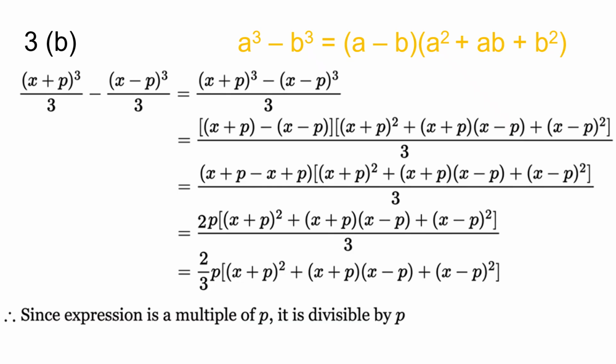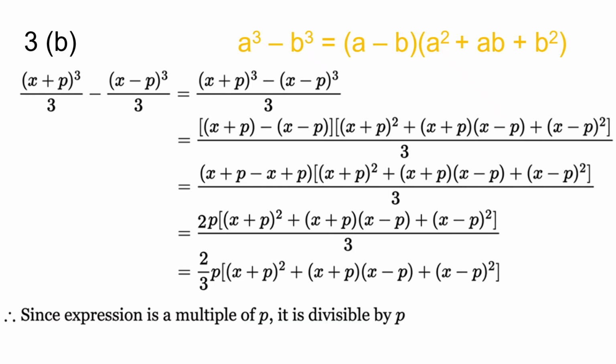This gives us 1/3 times (x plus p) cubed minus (x minus p) cubed. Now, let a equal x plus p and b equal x minus p, and apply your difference of cubes identity.